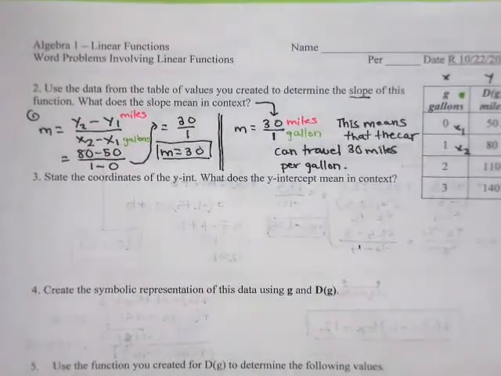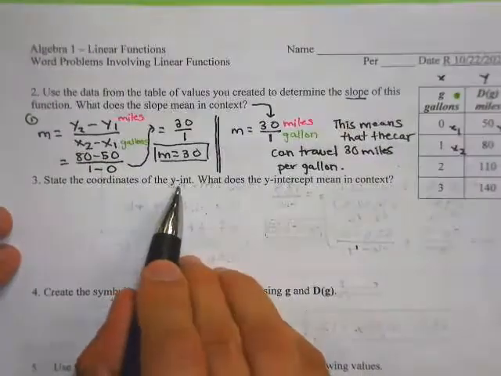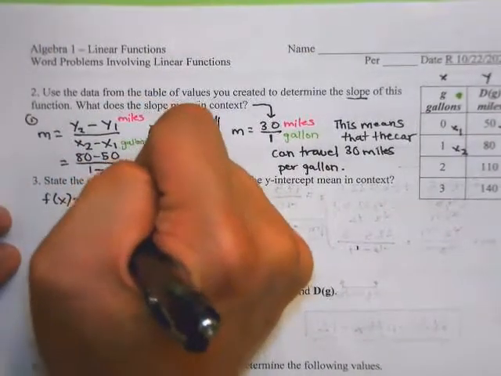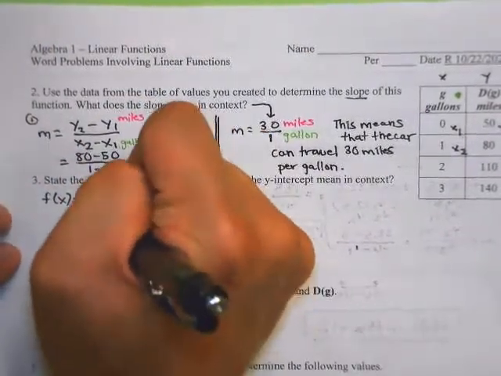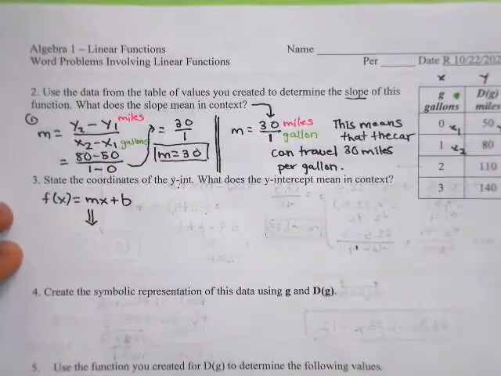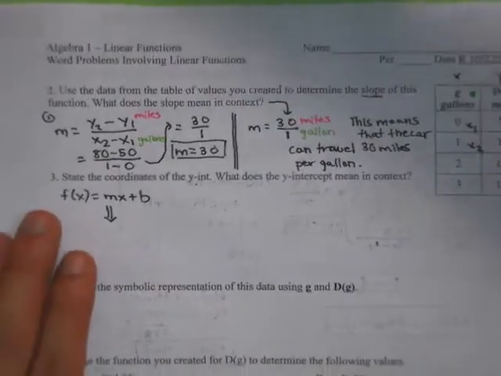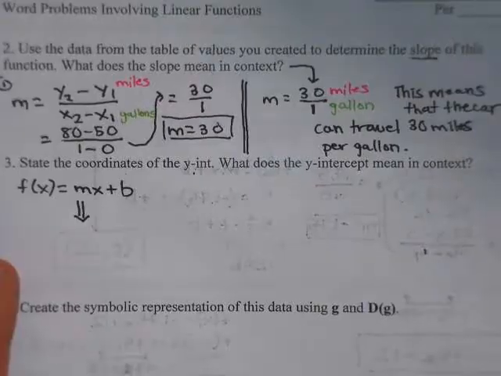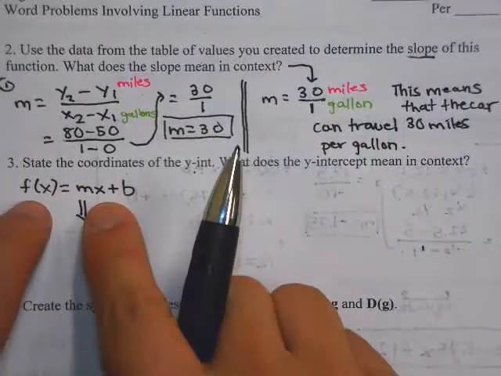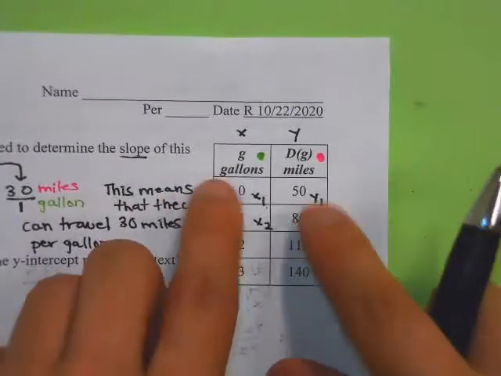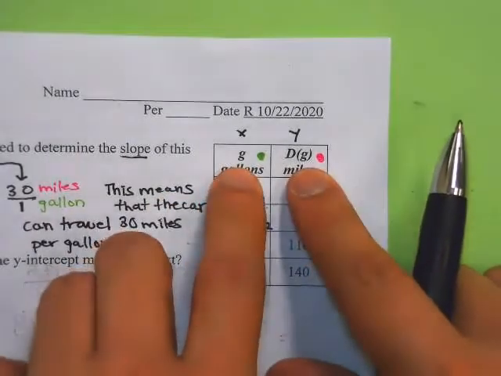Any questions? Let us get the coordinates of the y-intercept right here. Let's start with f of x equals mx plus b, but we're going to have to change it a little bit. Our variables are not f of x and x. Our variables are g and d of g.